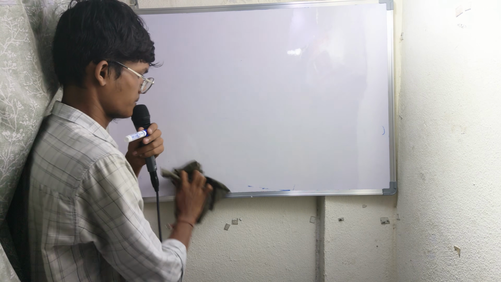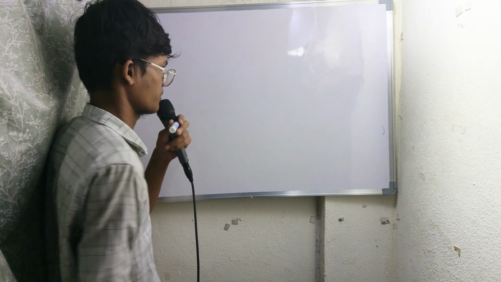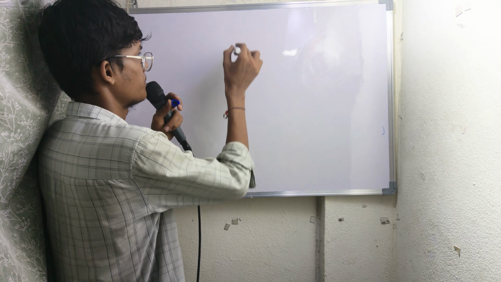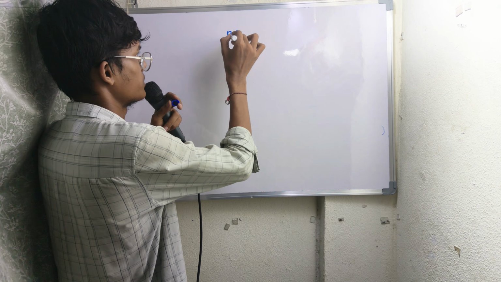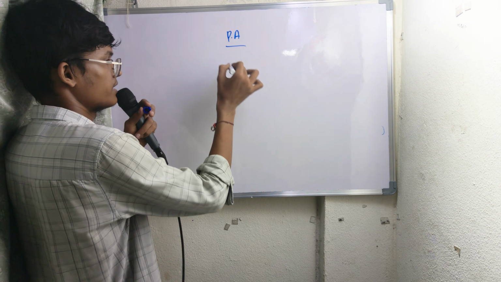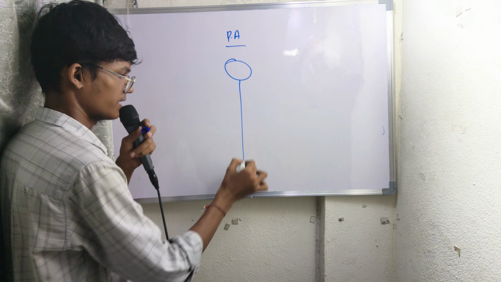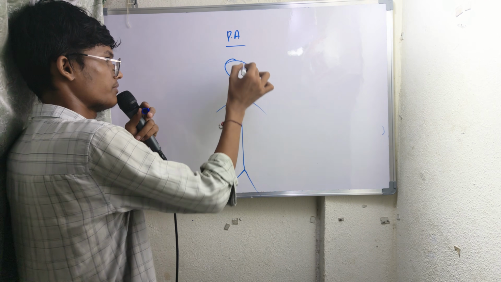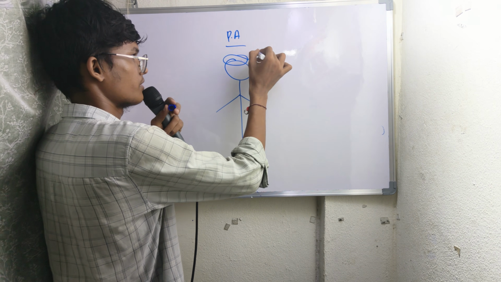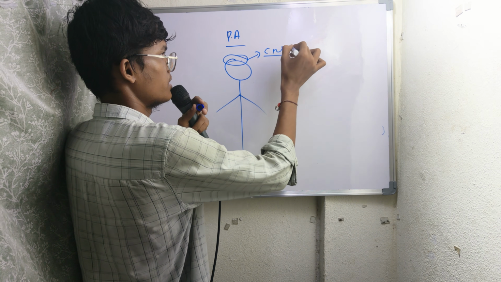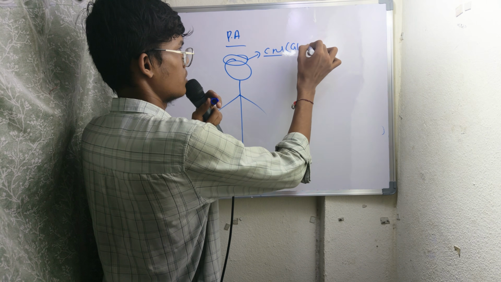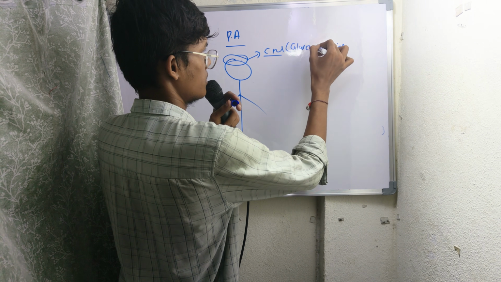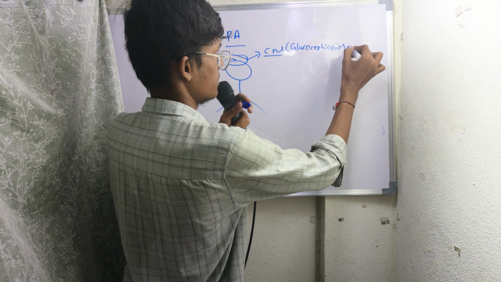And then we'll go with the pharmacological actions. I will make it simple with a diagram. Coming from the top, in the CNS, it has glucocorticoid receptors.